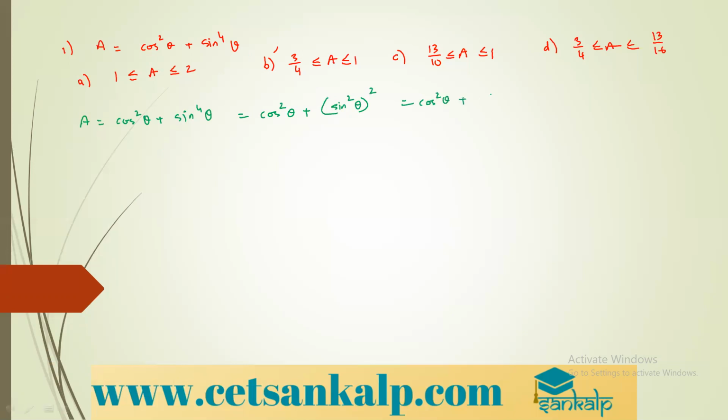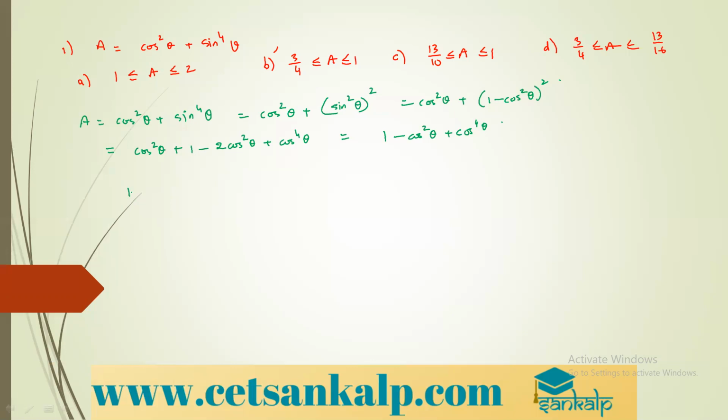Sine square theta can be written as 1 minus cos square theta, so this is cos square theta plus 1 minus 2 cos square theta plus cos power 4 theta, which simplifies to 1 minus cos square theta plus cos power 4 theta.